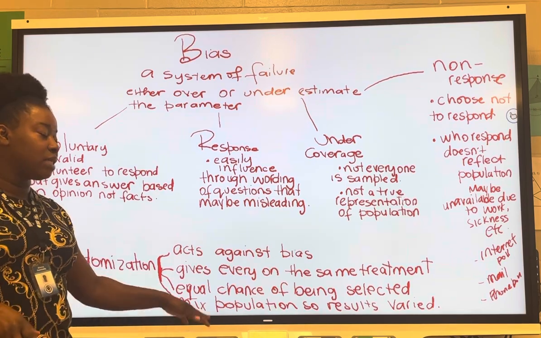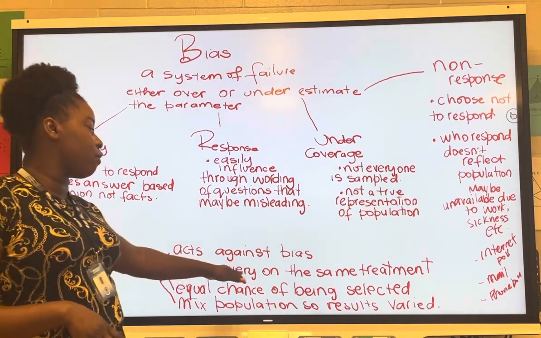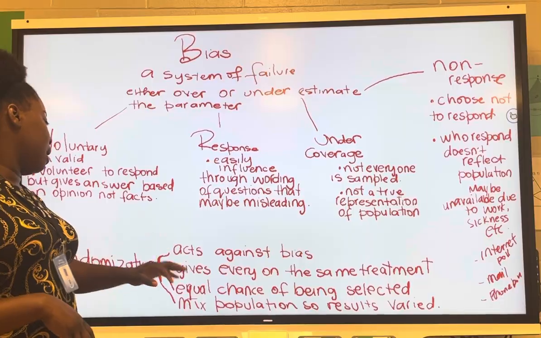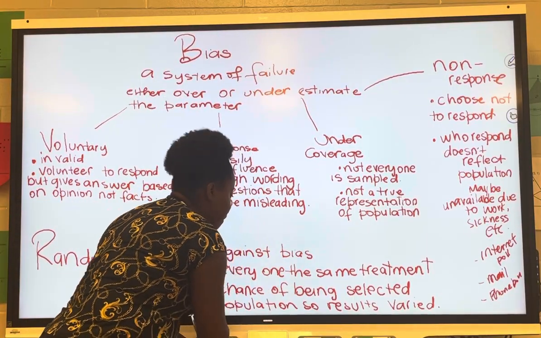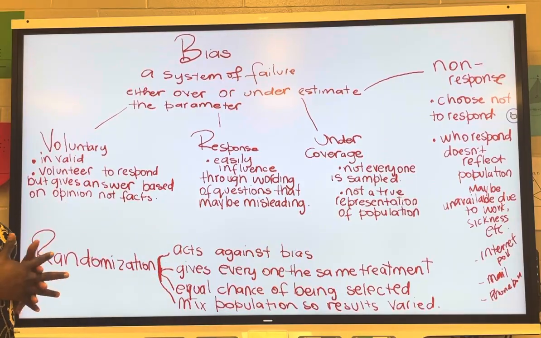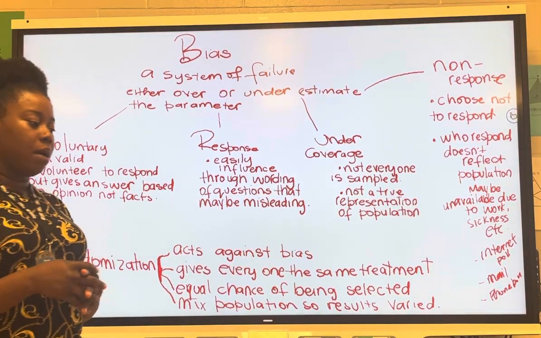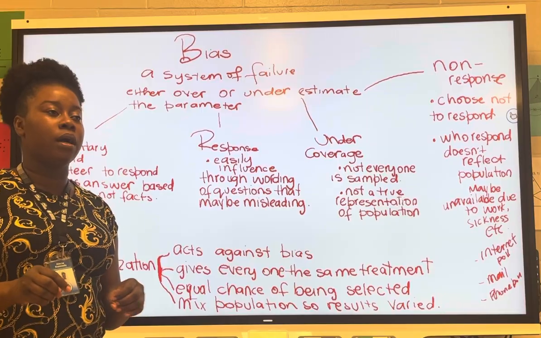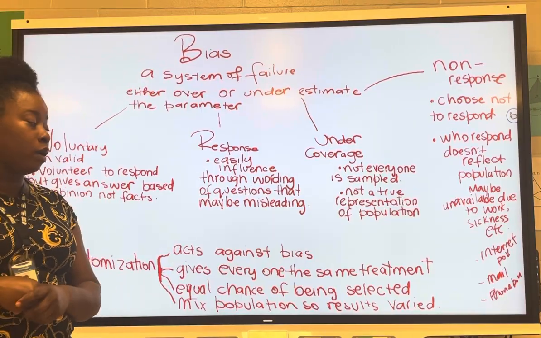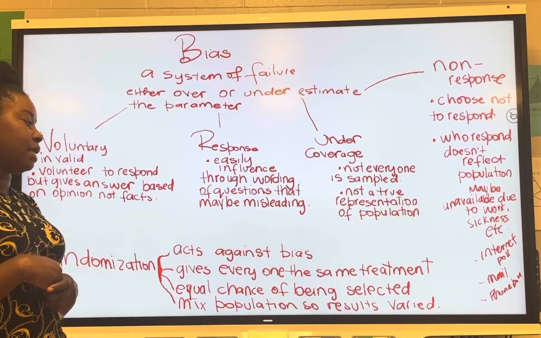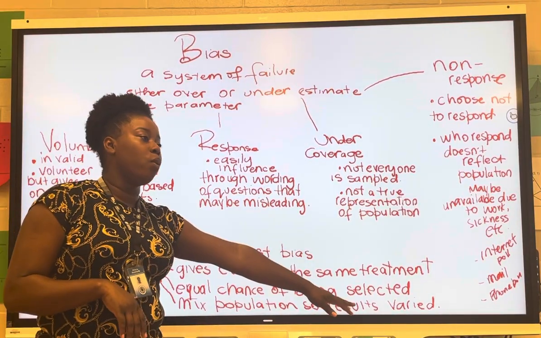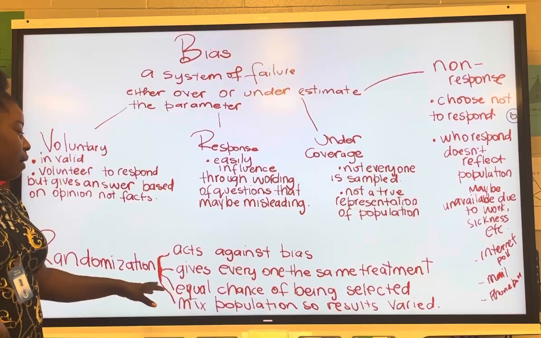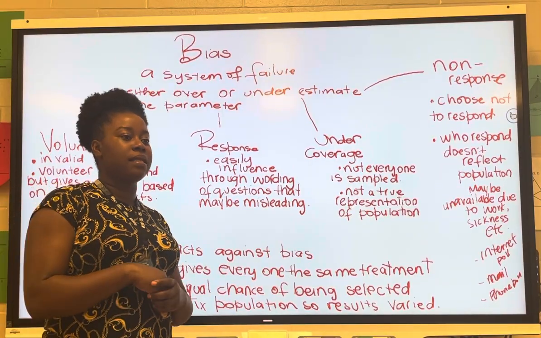When we randomize our sample, we ensure that everyone in our sample gets the same treatment. And when we say the same treatment, we don't put males and females in one group, or people who are black or people who are white in one group. We tend to randomize them. We mix them up, and so our population will be varied. Here, everyone has an equal chance of being selected.